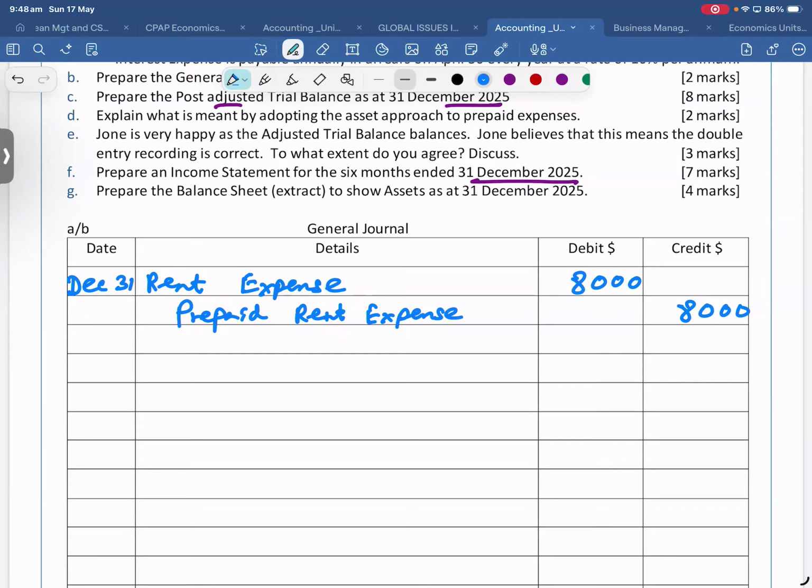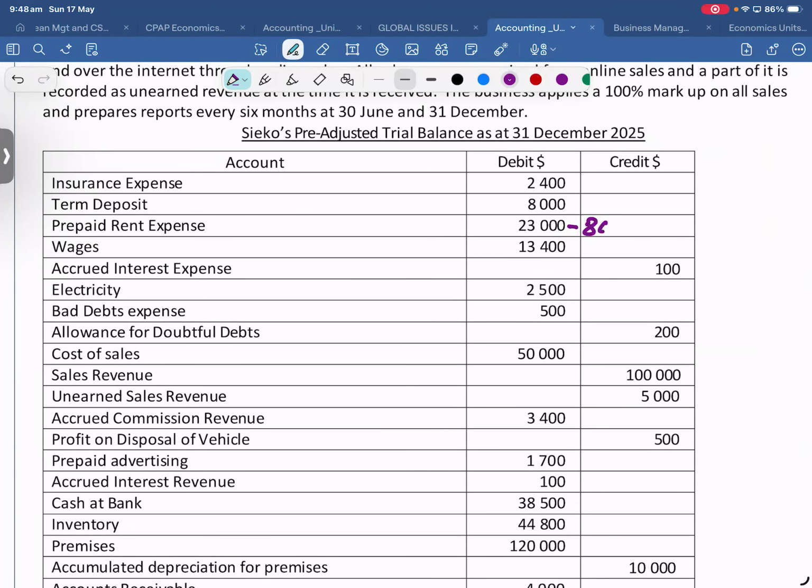Now what do we do? You can go and change the amount here. So prepaid rent, I'm going to take 8,000, which is how much? 15,000, right?